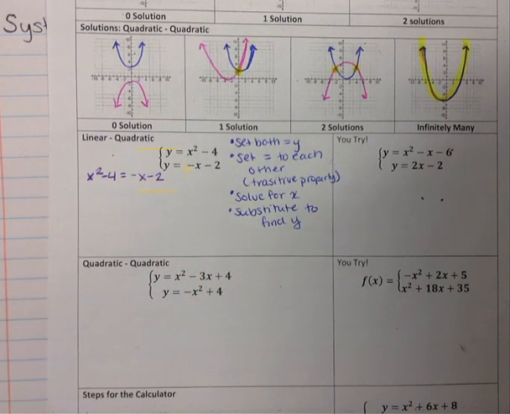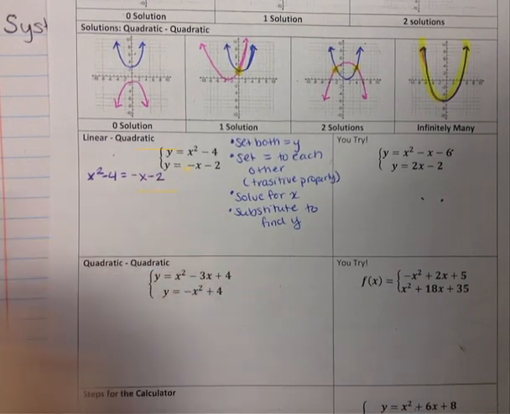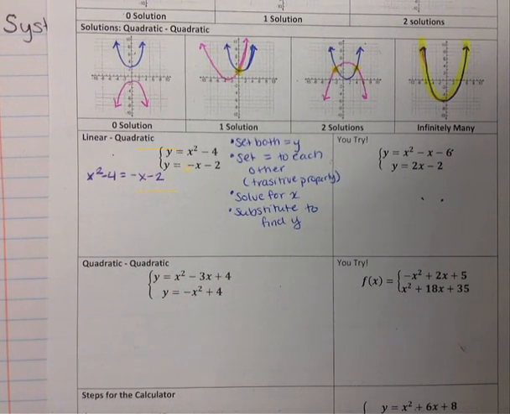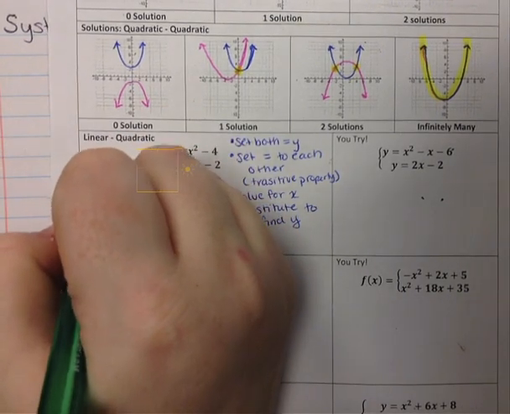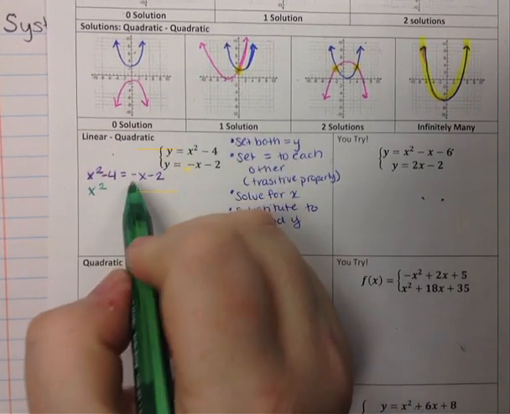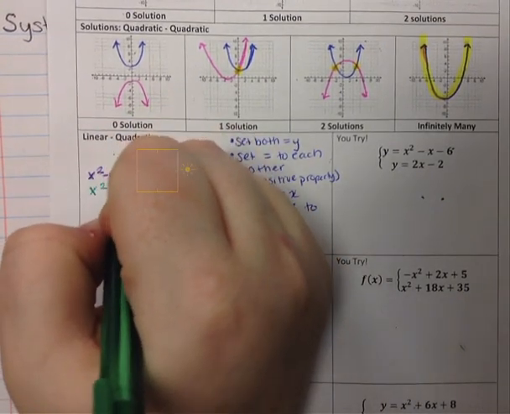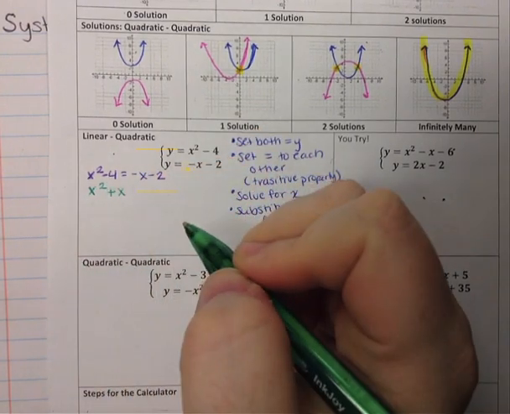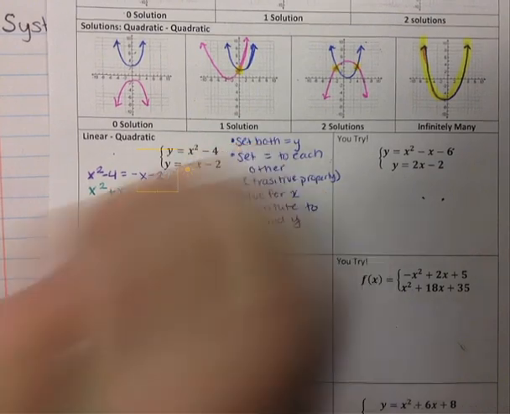When we do that, we're going to add the x to the left, and we're going to add the 2 to the left. We end up with nothing that affects the x squared, so we have a positive x squared. We're going to add the x over, and that's our b term. We're going to add the 2 to the negative 4, which is a negative 2. This will now equal 0.